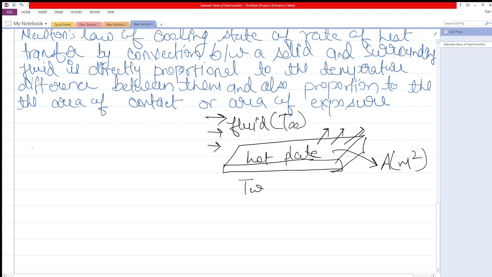Then the law says that the convection heat transfer is directly proportional to the temperature difference. Also, convection heat transfer is directly proportional to area.